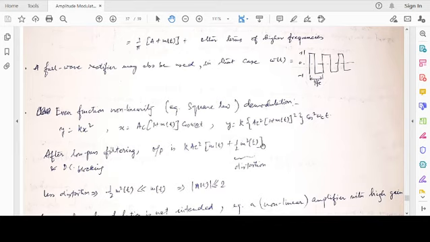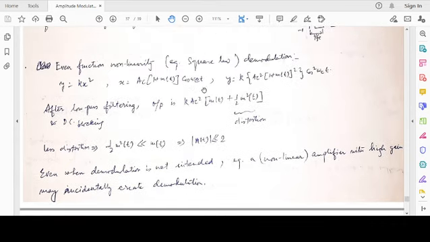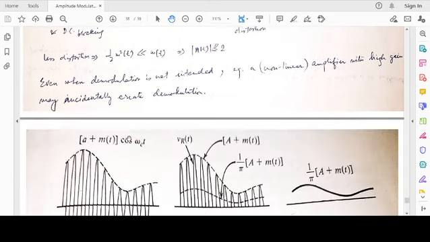So the more piecewise linear you can make it, the closer to ideal. Even when demodulation is not intended, in various cases, for example, a nonlinear amplifier with high gain may accidentally create demodulation because of this phenomenon. Square law, power law effect.